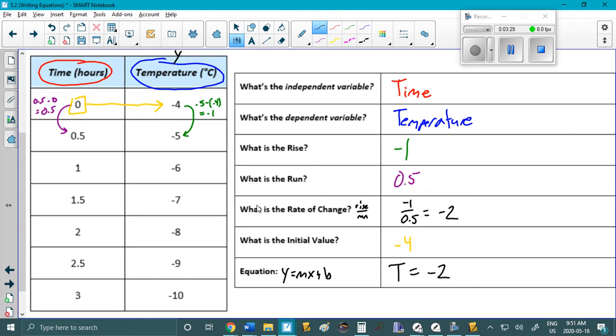And then where there's an x, that's going to come from the independent variable. We could use T for time, but we already used T for temperature. So let's use H for number of hours. And then it's going to be plus b. b is the initial value. In this case, it's -4. So if you wrote plus -4, you'd be correct. But usually we don't write plus minus because if you're adding a negative, you're just subtracting. Okay, so that's it. That's this whole question.